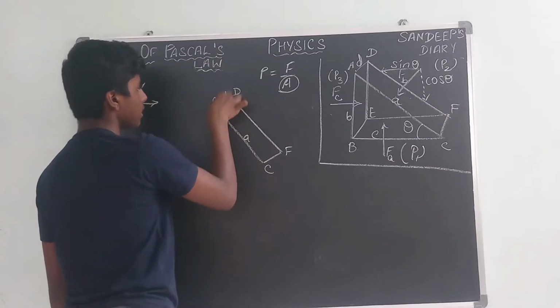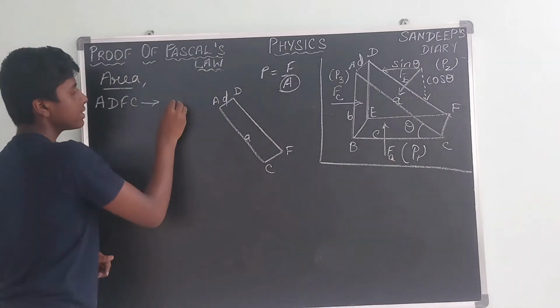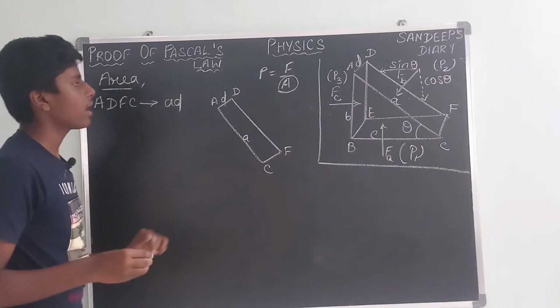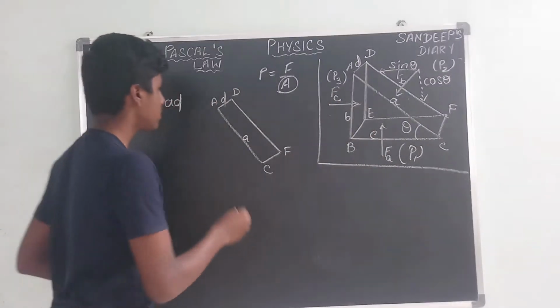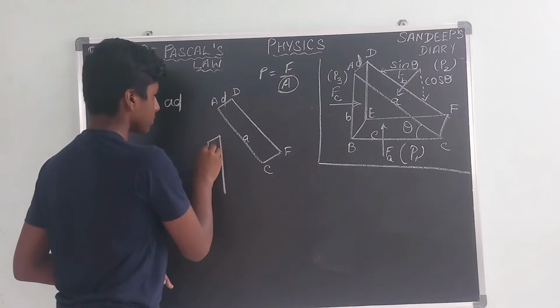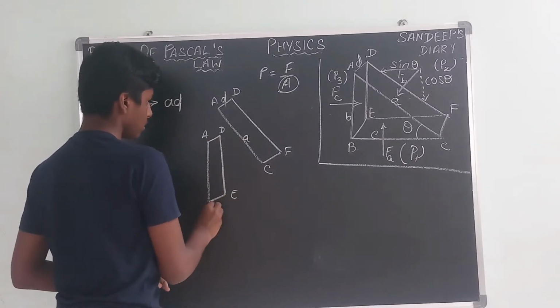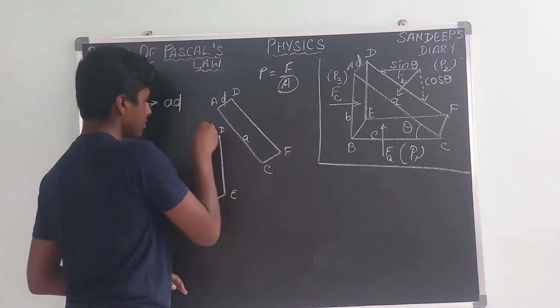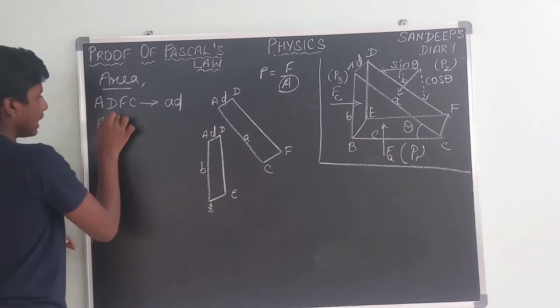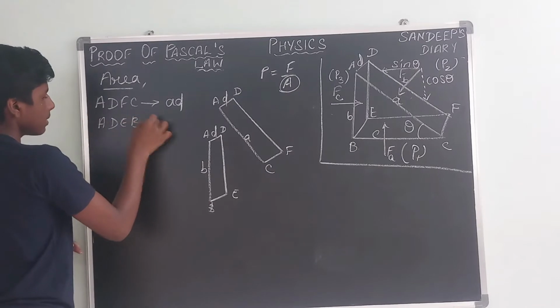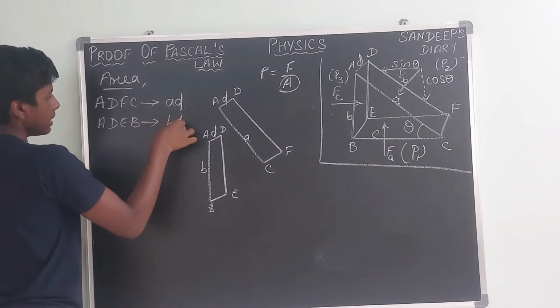Here it is A and here it is D. So A into D is AD. Next, I am going to consider ADEB, this side. Here it is B and here it is D. ADEB is B into D, it is BD.